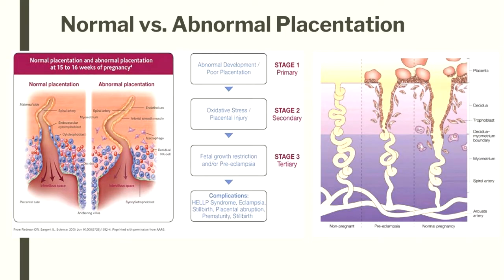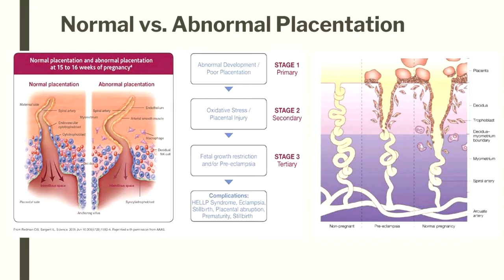So that being said, suboptimal placentation and the decreased ability to perfuse is going to trigger this inflammatory response in the body, and it's going to result in the release of pro-inflammatory cytokines, C-reactive proteins, interleukin, all of these things that are going to lead to this cascading effect of endothelial damage.